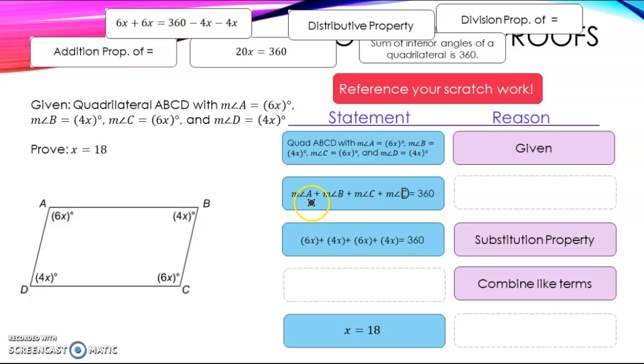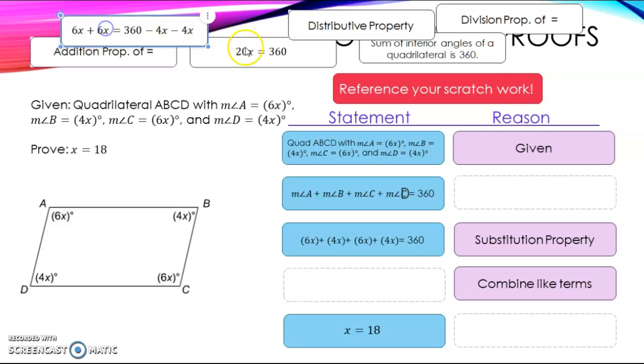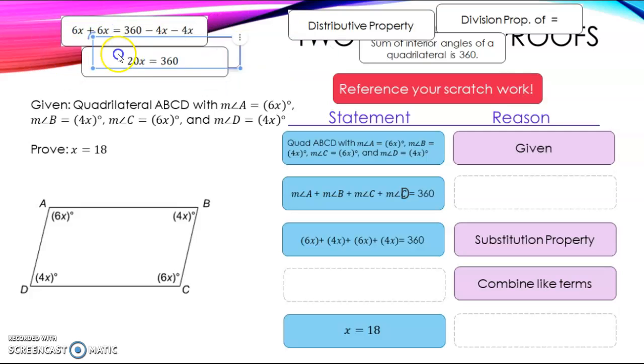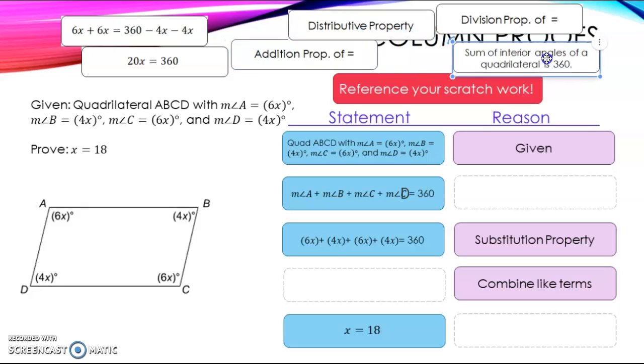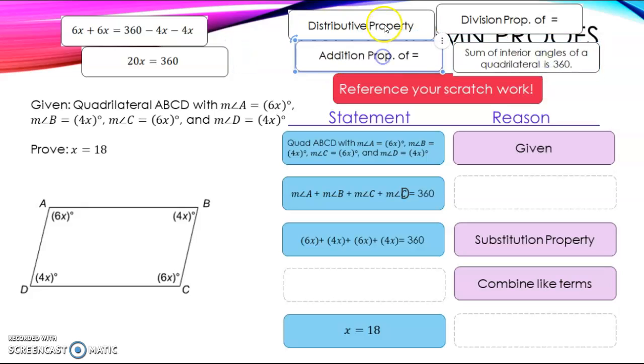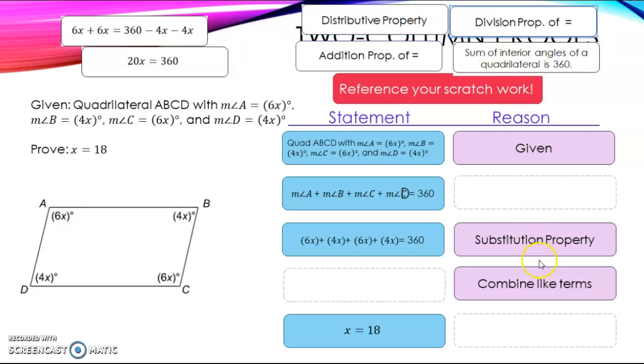We have the measure of angle A plus B plus C plus measure of angle D is equal to 360. Now, why is that true? Why do all four angles add up to 360? Let's take a look at what options we have here. You can even split this up by the ones that are probably going on the left-hand side and the ones that are going to go on the right-hand side.